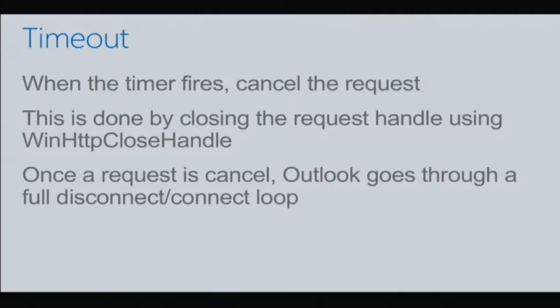And our timer is that period plus, I think, 5 seconds or something. So if we end up canceling a request, then like it happens in RPC, we just go through the full disconnect connect loop. So next time we'll have to create a new session context.